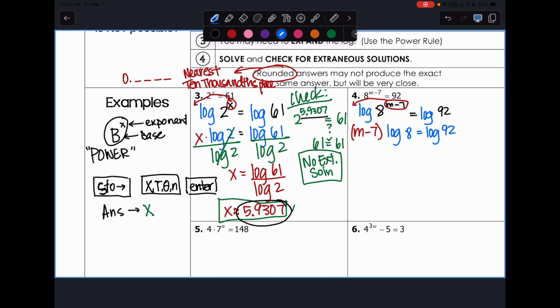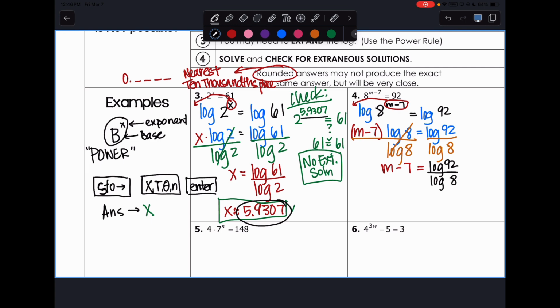Now what? I'm going to divide both sides by? Yep, log 8 has to leave m minus 7. So I'm going to divide both sides by log 8, and then I'm left with m minus 7 equals log of 92 divided by log of 8.